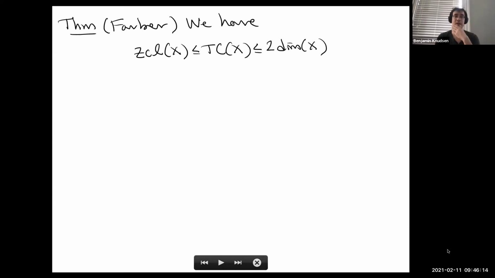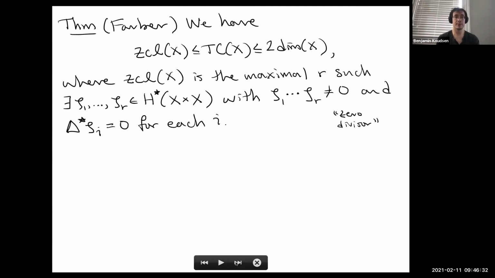So I'll remind you now of the thing I just alluded to. The theorem of Farber says that TC is sandwiched between two things. One is twice the dimension of your space, assuming your space is reasonably nice. And the other is the zero divisor cup length of your space. I'll remind you what that is. DCL is the largest number r so that you have that number of cohomology classes ζ_i in the cohomology of the product of the space with itself that cup to something non-zero, and whose pullback along the diagonal is zero.